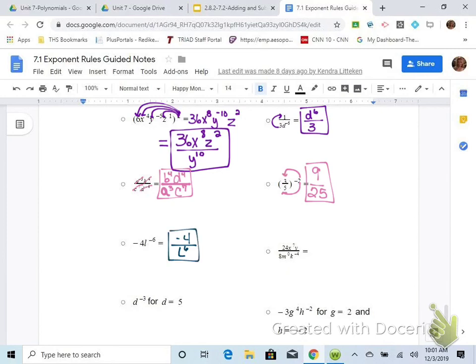Okay. So let's take a look at this next one. I know sometimes it's a lot to keep track of, but you just have to break it down. And you don't always have to go in a particular order. Just kind of work in the order that works best for you. So if I'm looking here, do I need to do anything to my top row? No. Now, if I'm looking at the bottom, what do I need to do to my bottom?